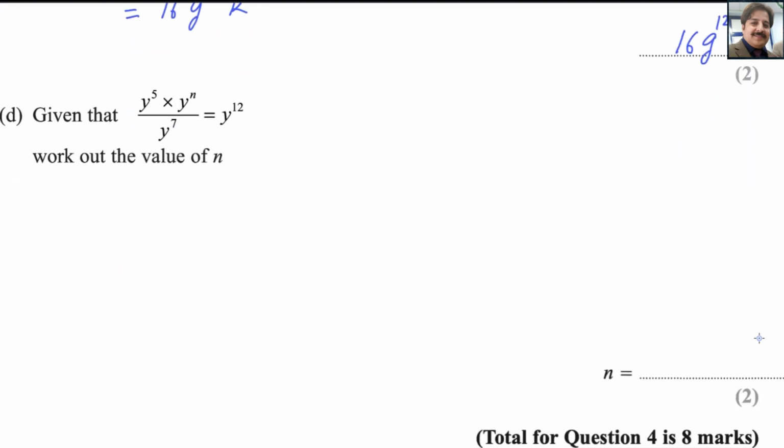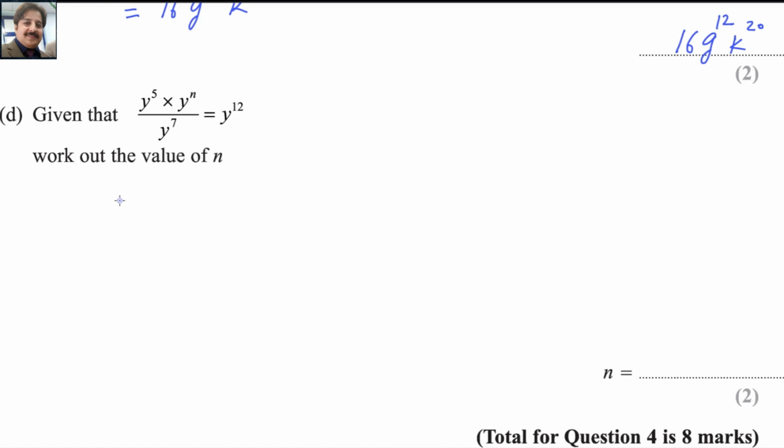Now, solving the d part, given that y power 5 multiply y power n divided by y power 7. We know that if the bases are same and they are multiplying, powers are added, and if the same number is dividing, we will subtract the power.